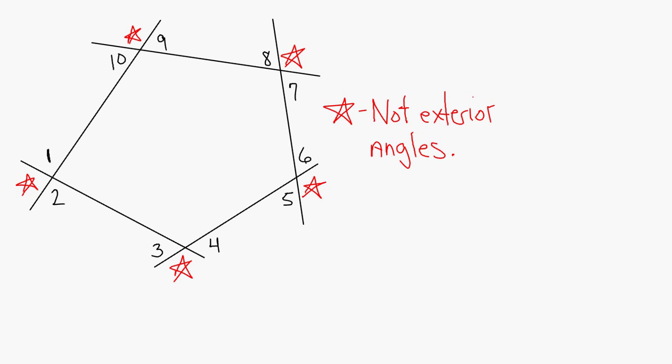This angle right here between 5 and 6, the angle adjacent to 5, is formed by the extension of a side and an extension of another side. That's not an exterior angle. The angle that is adjacent to angle 8 is not an exterior angle. It's formed by the extension of 2 sides. 7 is formed by the extension of a side and a side. 8 is formed by the extension of a side and a side. So 7 and 8 are exterior angles, but the angle there with a star is not. Clear? Questions?